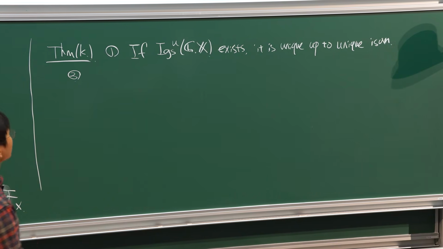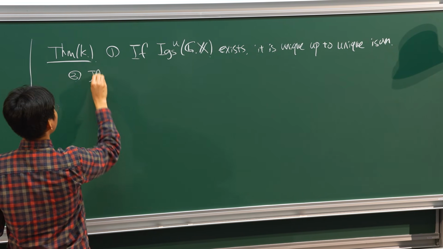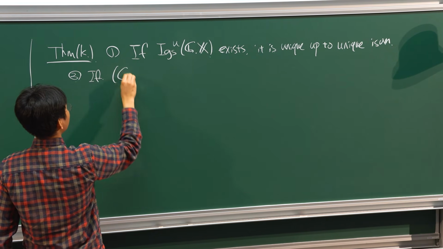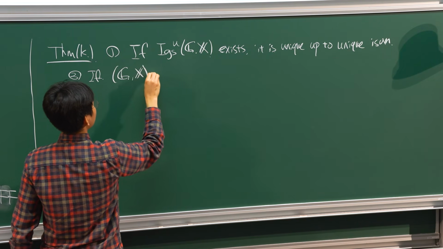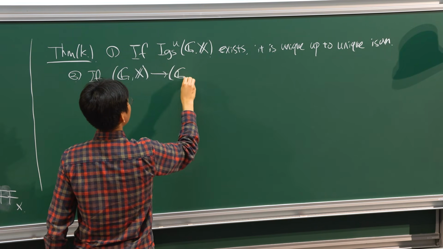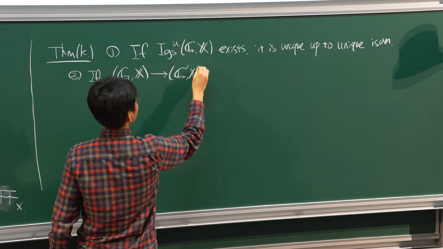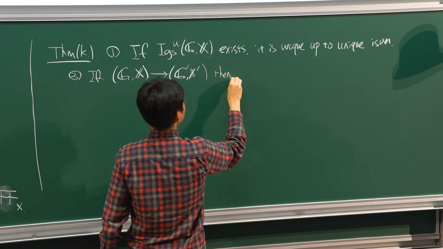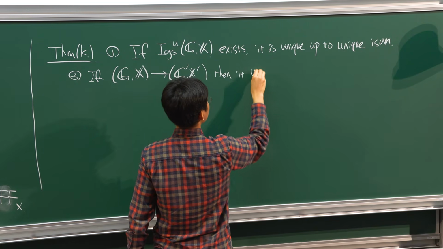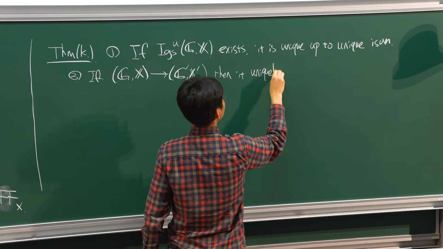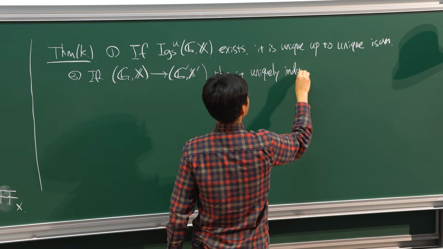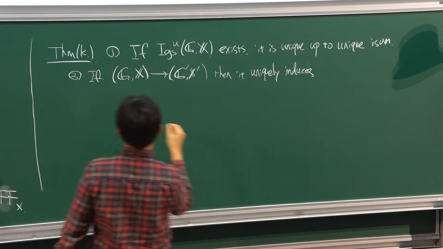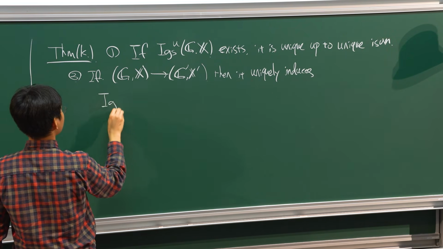The second part is that if I have a morphism of Shimura data to (G', X'), then it uniquely induces a corresponding map on Igusa stacks.